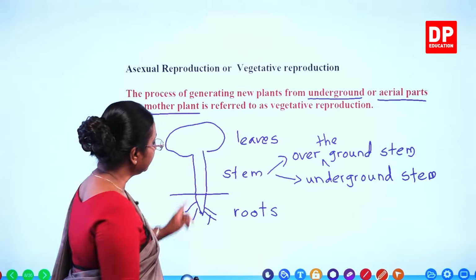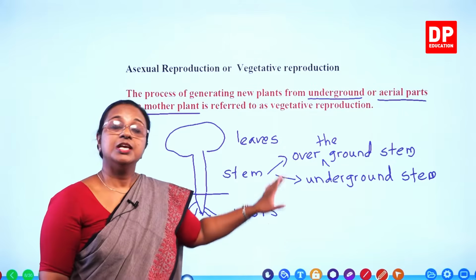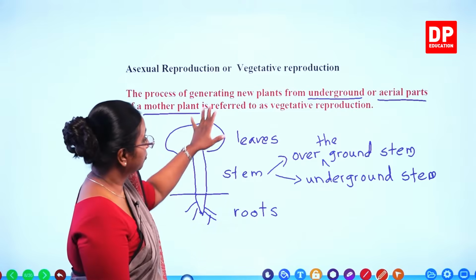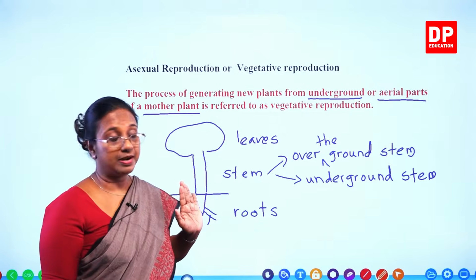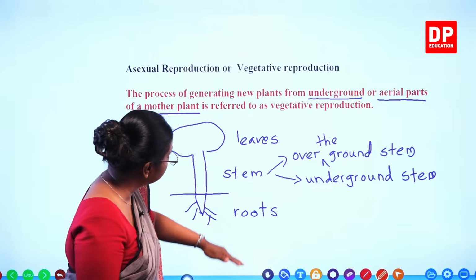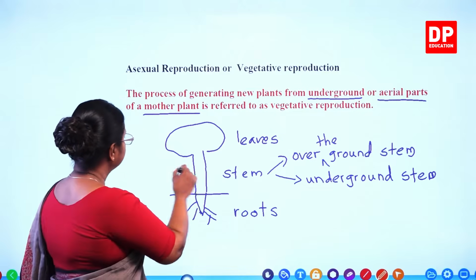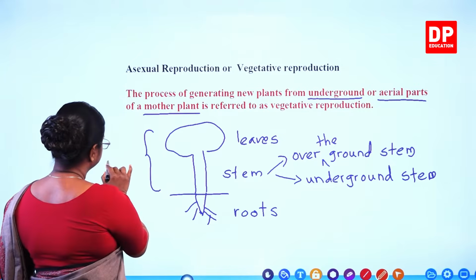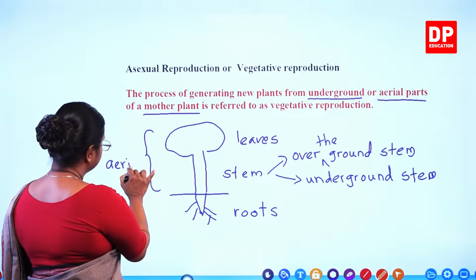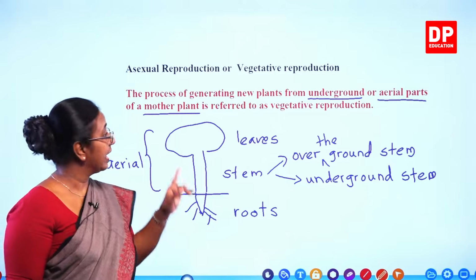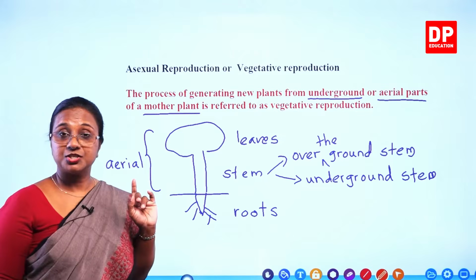So, we have the leaves, the stems and the roots. These are all vegetative parts of the plant. So, if they involve in reproduction, they can be either underground parts or overground or aerial parts. These are the aerial parts. So, then that reproduction is known as vegetative reproduction.